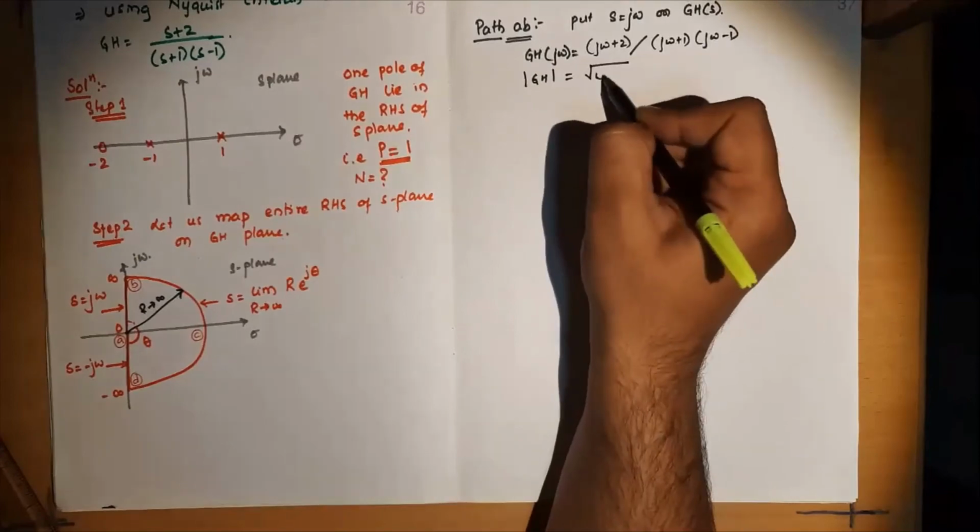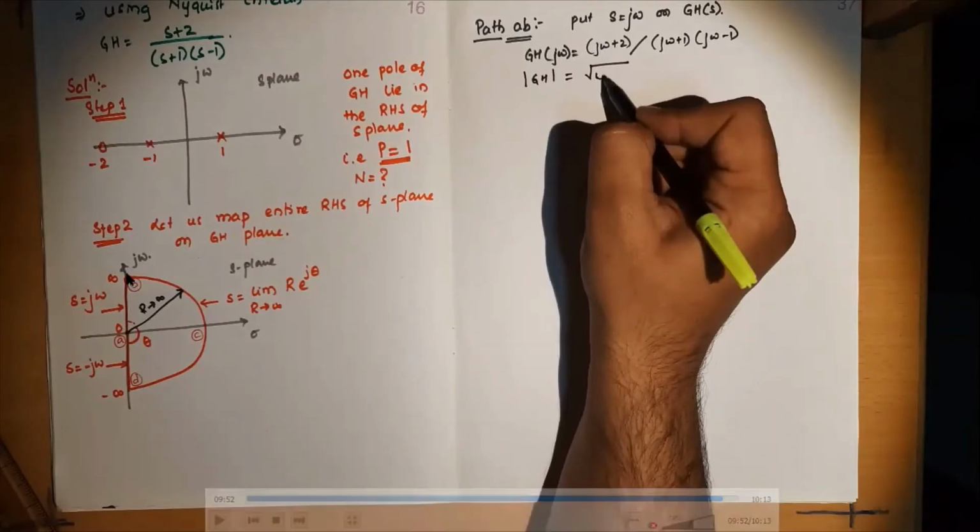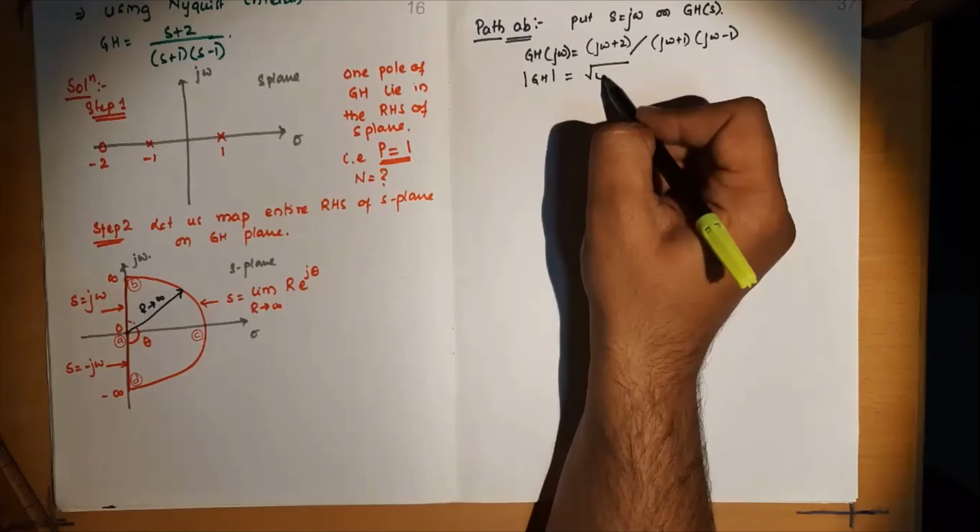Okay, so this mapping is quite different. We are not going point by point. Instead, we are going along the entire line. So we assume 0 to infinity. There is no point by point mapping here, and this is what the actual Nyquist criterion is, this is how the actual numerical should be solved from this point onwards. I mean, from this numerical onwards.